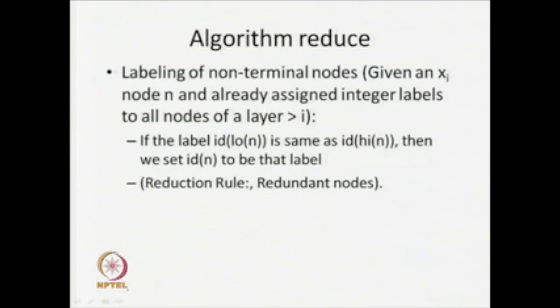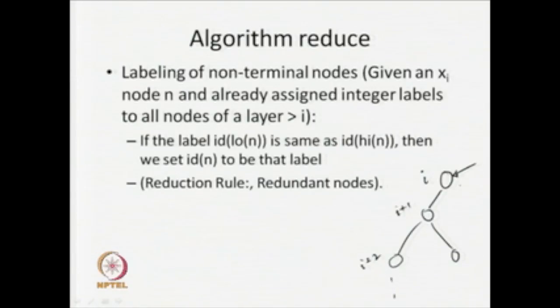So I come to level i, then i plus 1, then i plus 2, like that up to terminal level 0. When we come to label this particular node, all the nodes below this level must already be marked. We should have the integer labels of all those nodes below this level. Then only we can label it.